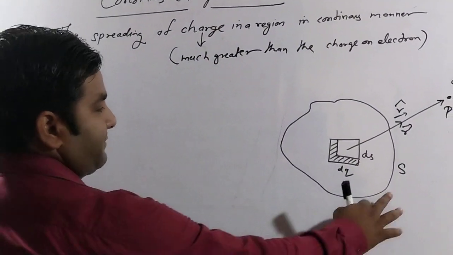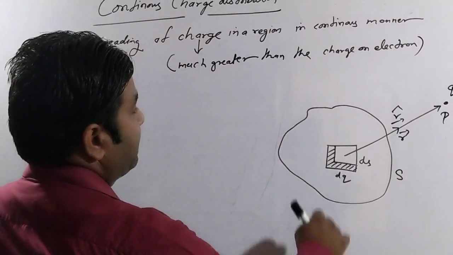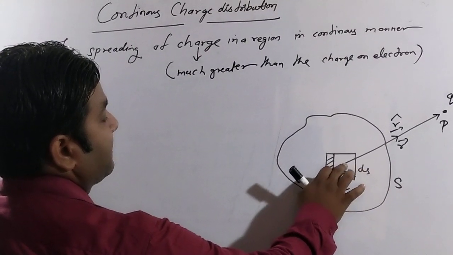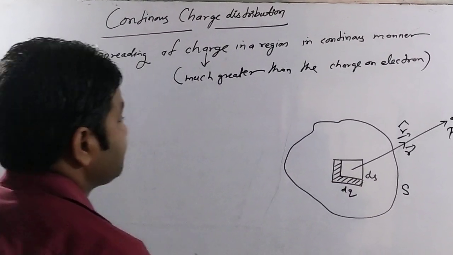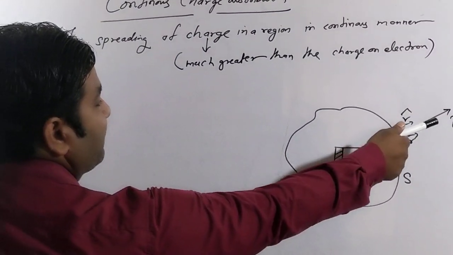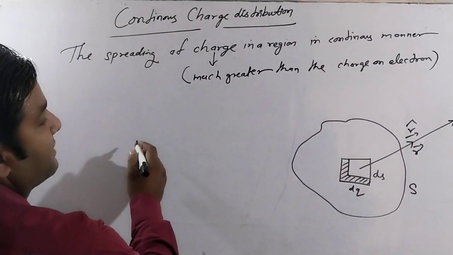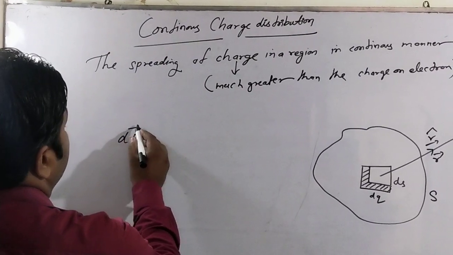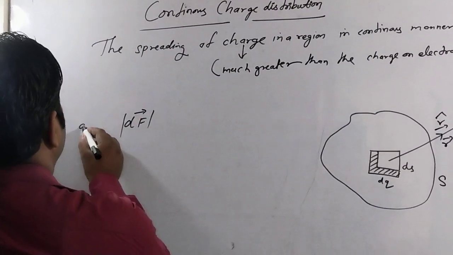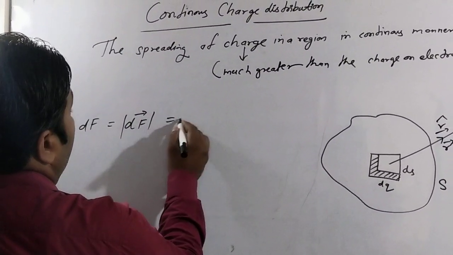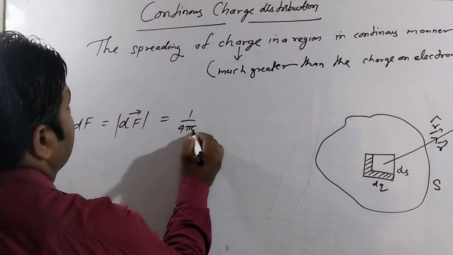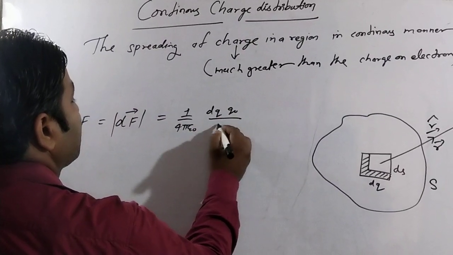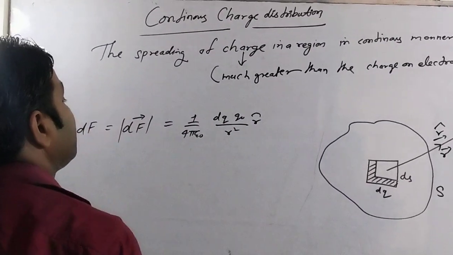This is the surface area S, and here dq is the charge related to a small amount of area, that is ds. So the value of electrostatic force on test charge q naught due to charge dq, that is equal to dF, in magnitude form is 1 upon 4 pi epsilon naught dq q naught upon r square r cap.